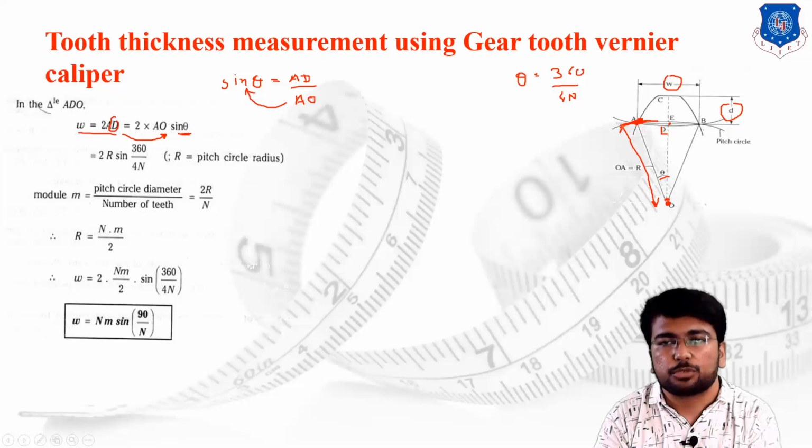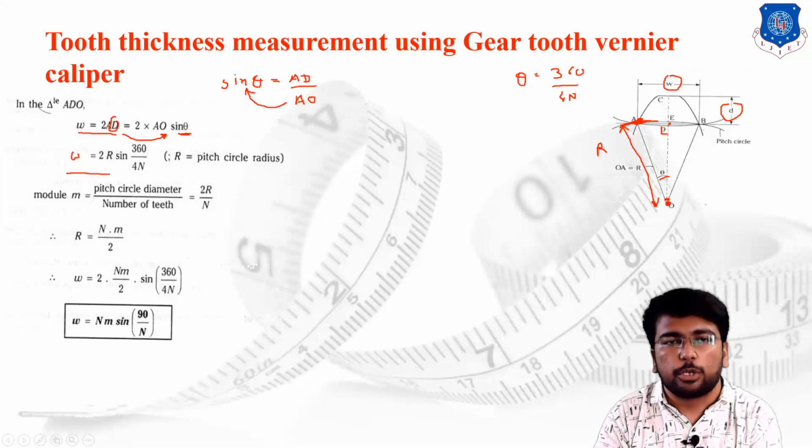It shows the radius of the gear R. So replace AO with R. I can write this as small w is equal to 2R sine 360 by 4n. Now what is the module? We already discussed that module is the pitch circle diameter by number of teeth, where pitch circle diameter is taken in mm. I know that diameter is twice the radius, divided by number of teeth t, or we can replace t with n.